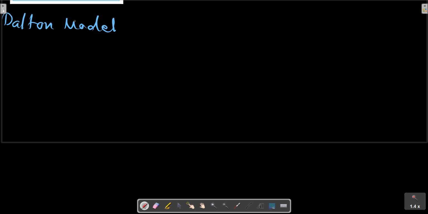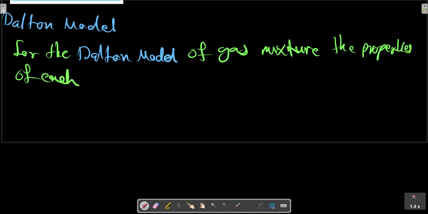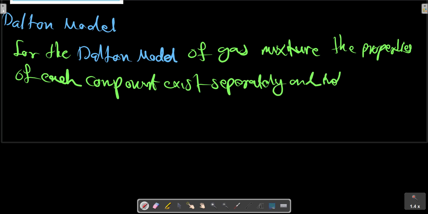For the Dalton model of gas mixture, the properties of each component exist separately and independently at the temperature and the volume of the mixture.